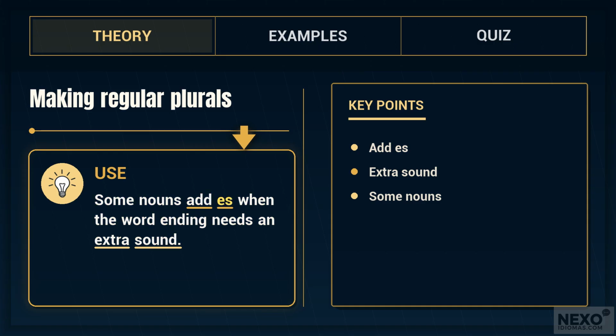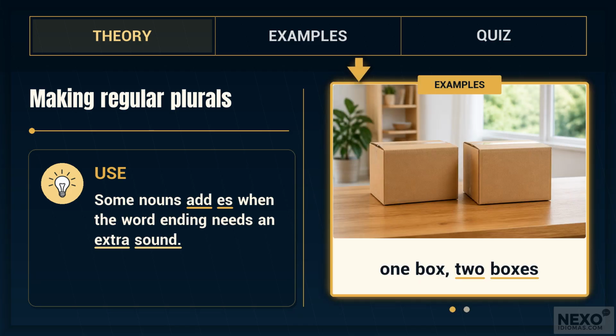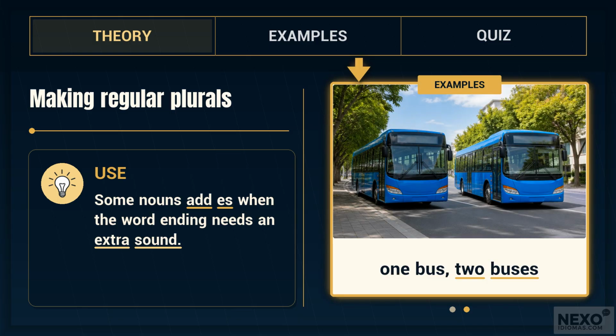Some nouns add es when the word ending needs an extra sound. Example: 1 box, 2 boxes. Example: 1 bus, 2 buses.